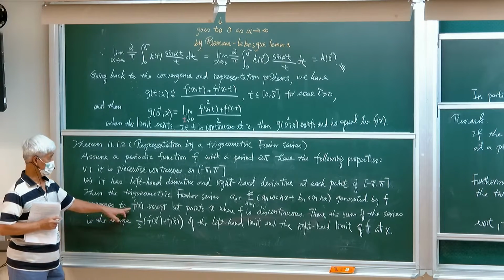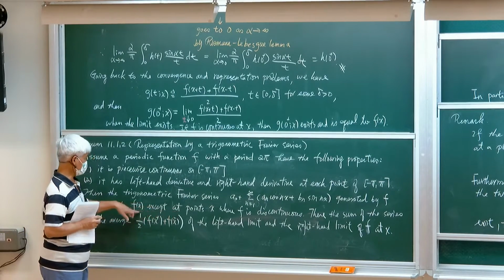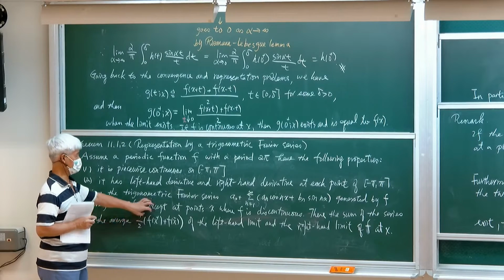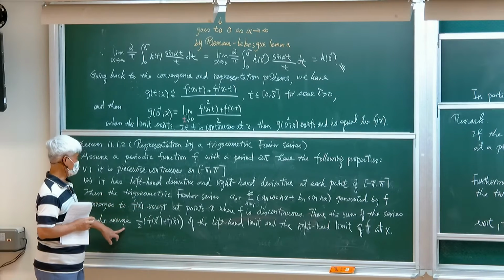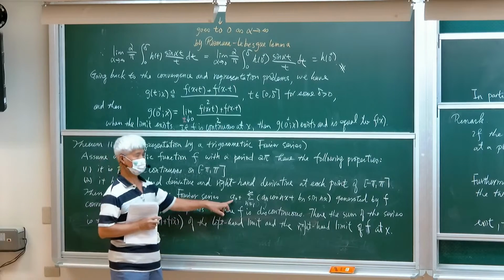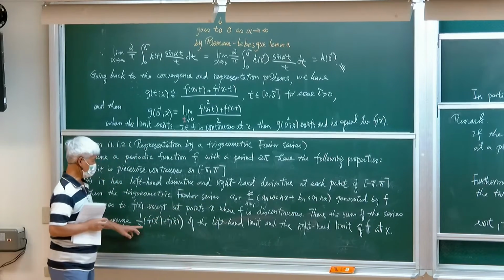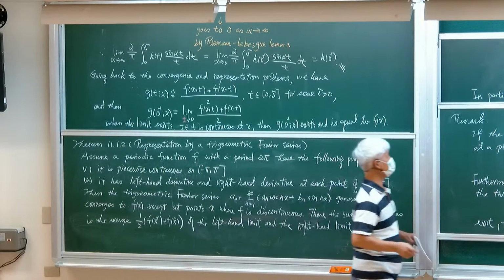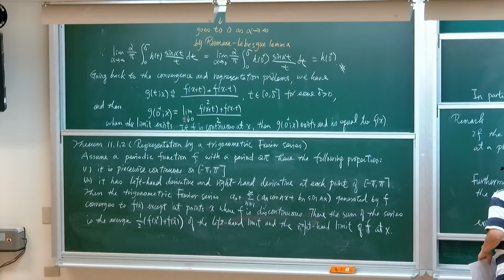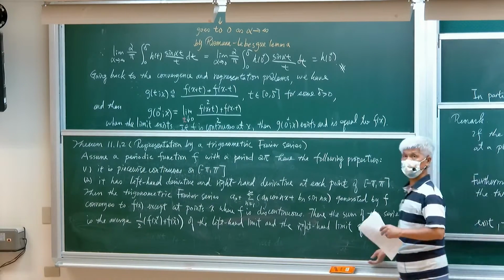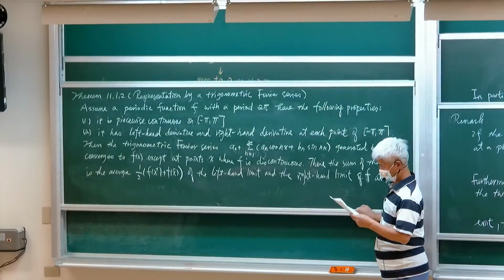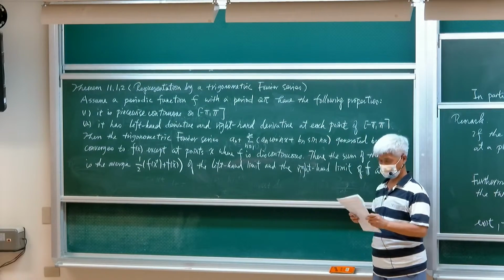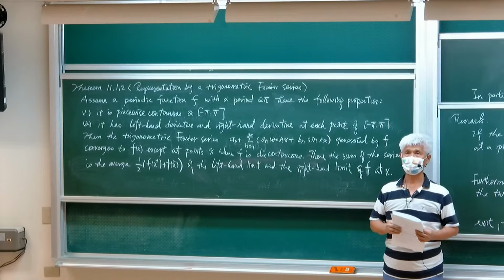But for those points where f of x is discontinuous, the sum of this Fourier series is just the average of the left-hand and the right-hand limit. Any questions?